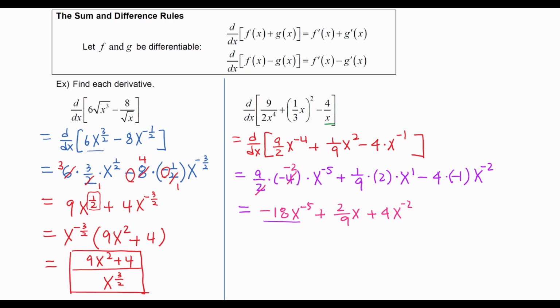But I would like to factor and get rid of negative exponent. So factor out 2 over 9. Why 2 over 9? Well, every coefficient is a multiple of 2, and I don't want a fraction inside of my parentheses. And with x to the negative 5th power and the x and x to the negative 2nd power, what is the smallest power of x?